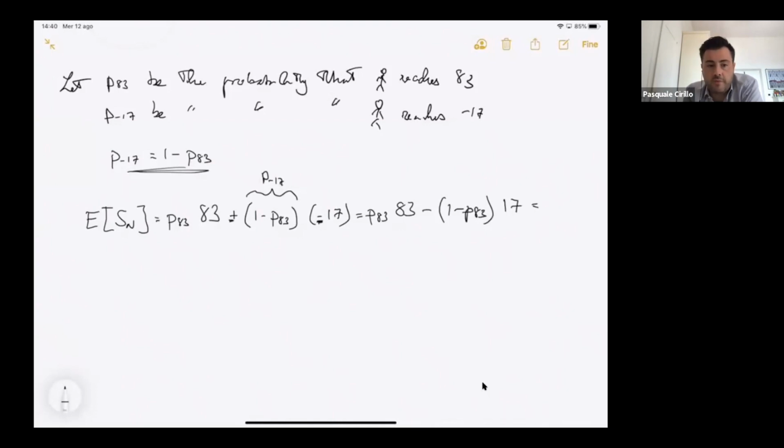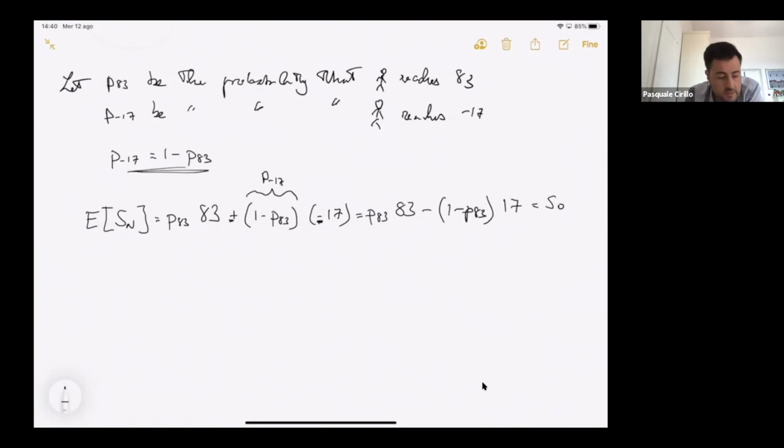So the expected value of capital Sn, given that at this very moment the drunk man is in state 0 because we rescaled 17 to be state 0, is essentially 0.